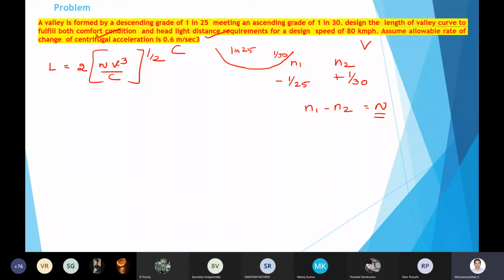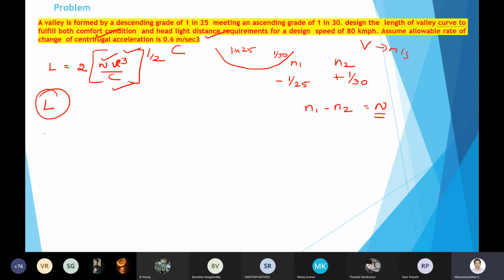This equation is with respect to meter per second, so you can convert the 80 to meter per second. Else, with respect to kilometer per hour, the equation is given, so that same one you might adopt. Any one equation you can take and apply the N value, V value and C value. So you come to know what will be the length with respect to the comfort condition.